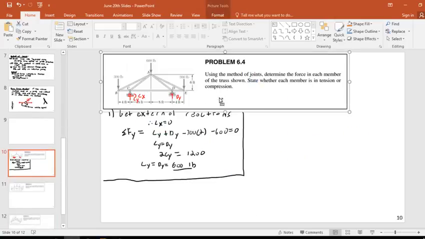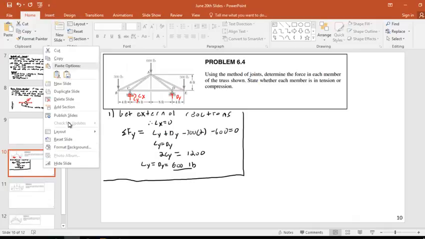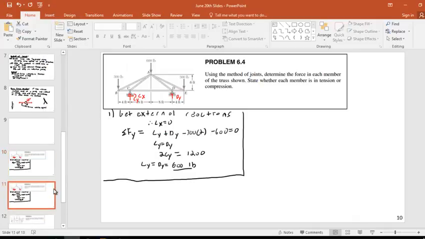All right, I'm going to copy this. Duplicate slide. I'm going to call this slide 11.5. And I'm going to delete this here. This won't be very space efficient, but whatever.